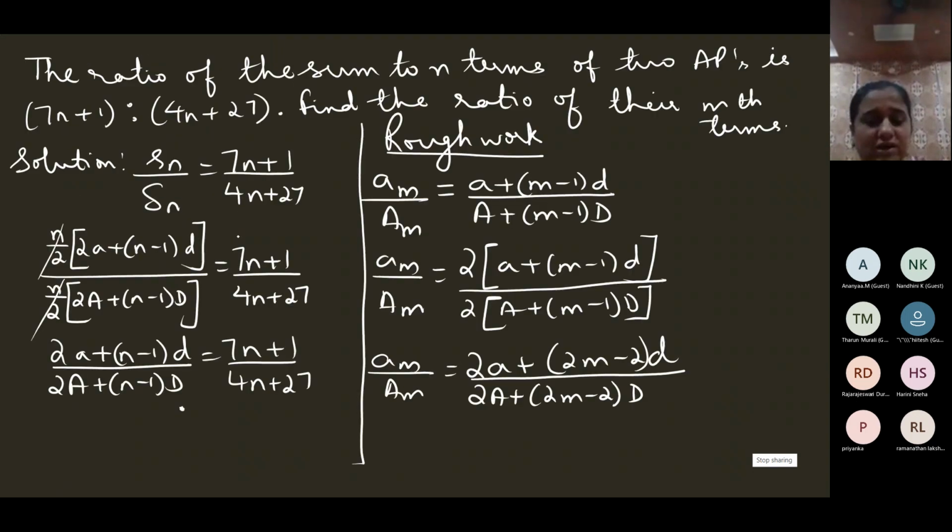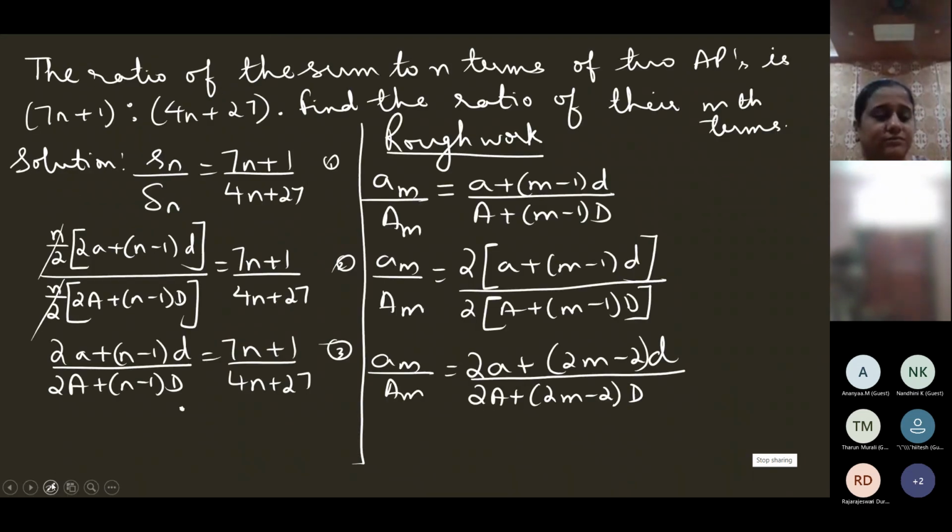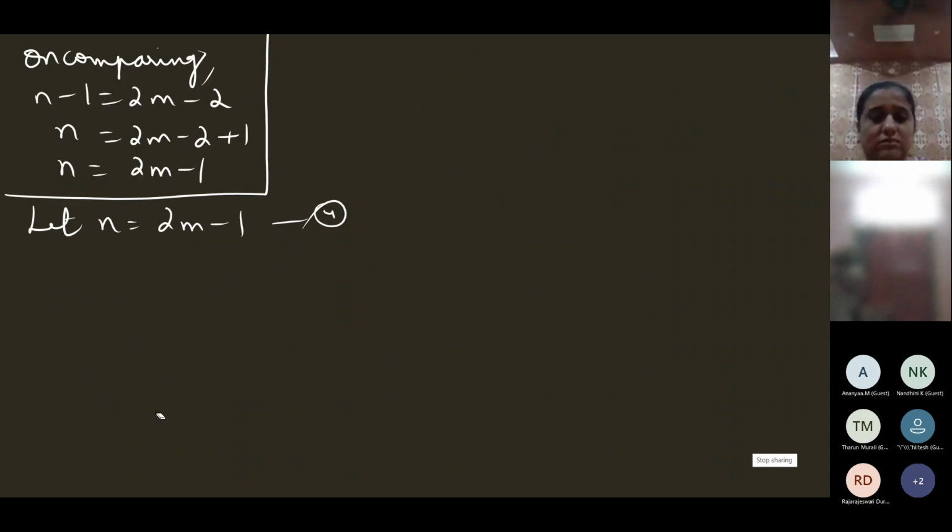See here, I'm telling you again, after this we finished 1, 2, 3 steps. This is the fourth step. We are continuing. First step, second step, third step. This is the fourth step. Let n be equal to 2m minus 1.